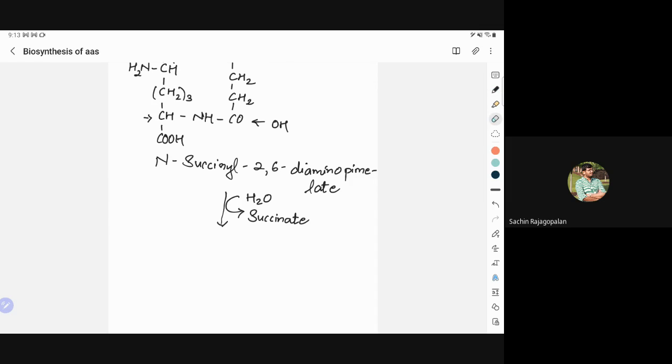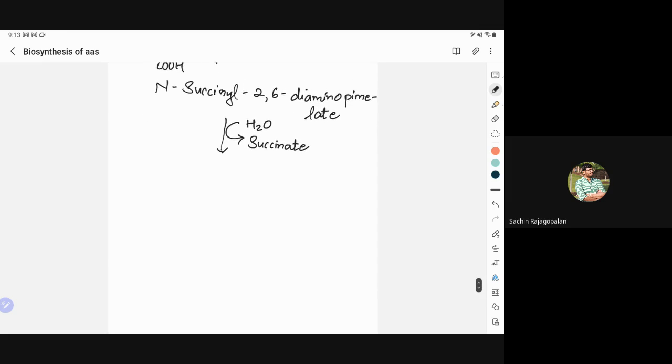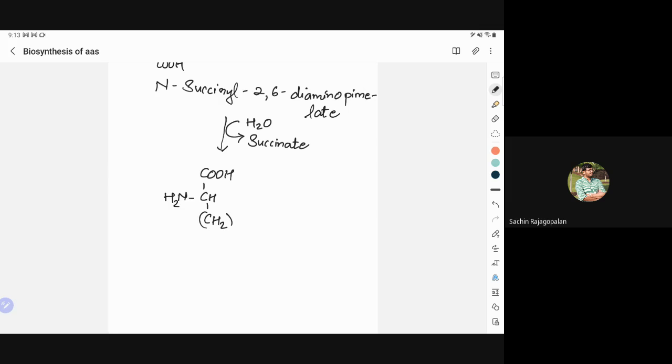So one OH goes there, and the hydrogen is going to be added over here to make it NH2, right? So what am I going to have? I'm going to have COOH, CHNH2, CH2 thrice, which is as it is, then CHNH2 COOH, and succinate is removed.